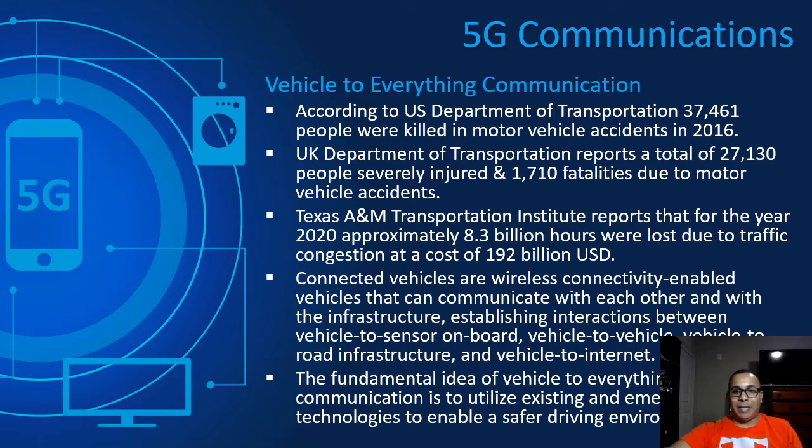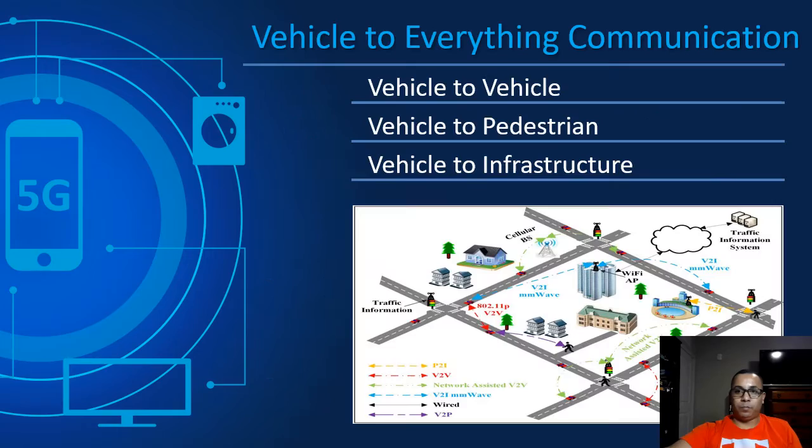The main idea is using existing and emerging communications infrastructure to improve road conditions and safety. Here we have an illustration of some of the technologies used for each of these categories.